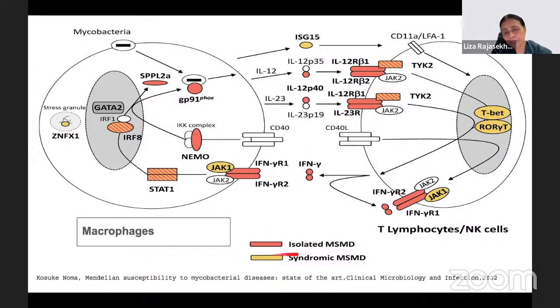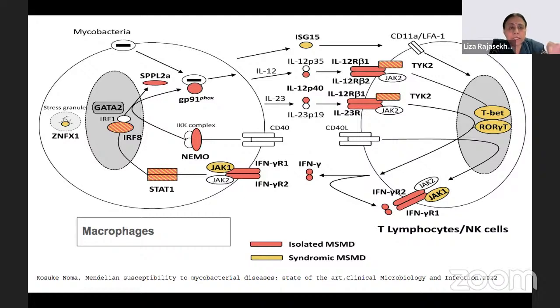Defects in these will produce isolated MSMD, but defects in other molecules in the pathway like JAK1, T-bet, ISG15, RORgamma T, and ZNFX1 produce syndromic MSMD. Syndromic MSMD means you not only have infection with either mycobacteria or salmonella, but you may have an additional feature, which could be like hyper IgE, or you could have viral infections, or you could have autoinflammation, things like that.